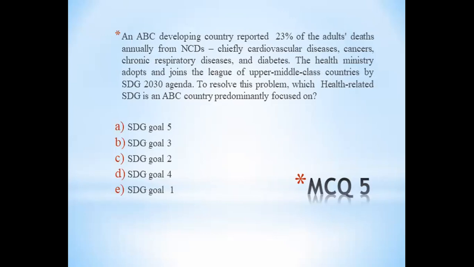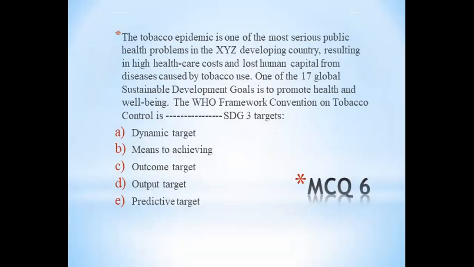Health-related SDGs on which the ABC country predominantly focuses include: A, SDG Goal 5, B, SDG Goal 3, C, SDG Goal 2, D, SDG Goal 4, or E, SDG Goal 1. Which would be correct? B is the correct answer. Yes, goal 3 is predominantly associated with health-related goals. Therefore, B is the correct answer.